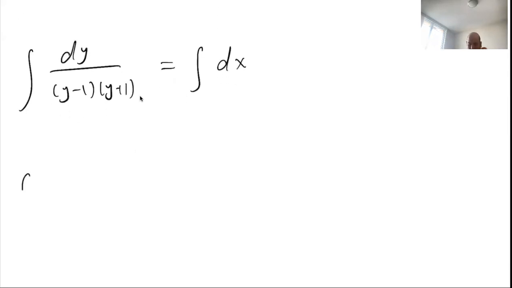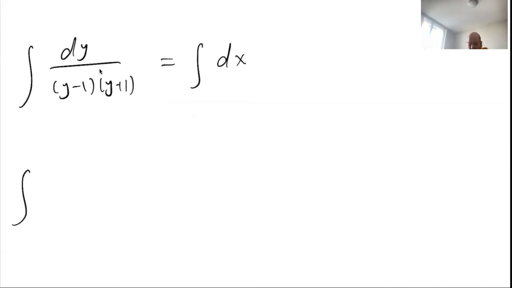Now this one we can write using partial fractions, right? Remember from Math 114 that to calculate the integral of this form, you can use partial fractions. I can write this one as 1 over y minus 1 minus 1 over y plus 1.